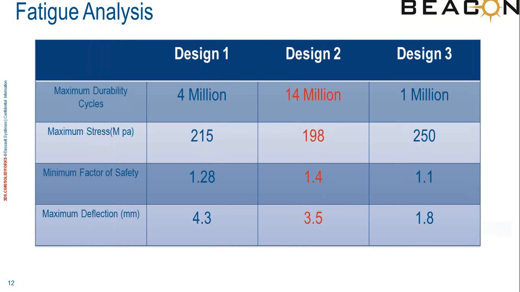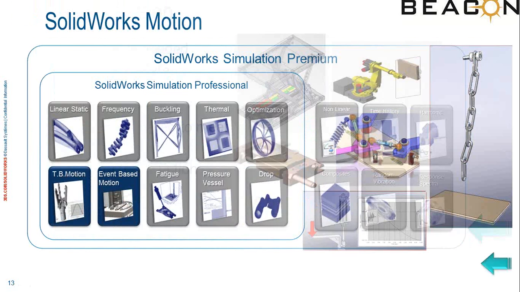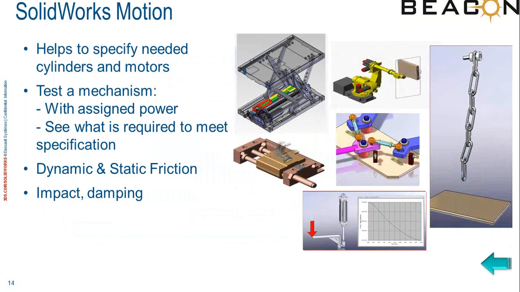But other than that, like I mentioned, we are only going to focus on simulation standard. I have something called time-based motion analysis. In the time-based motion analysis, basically we can calculate the specific needs of the motors, or the cylinders and the motors required.